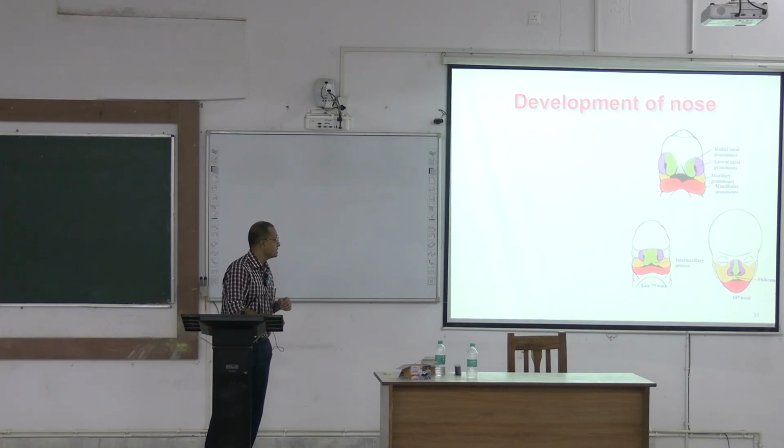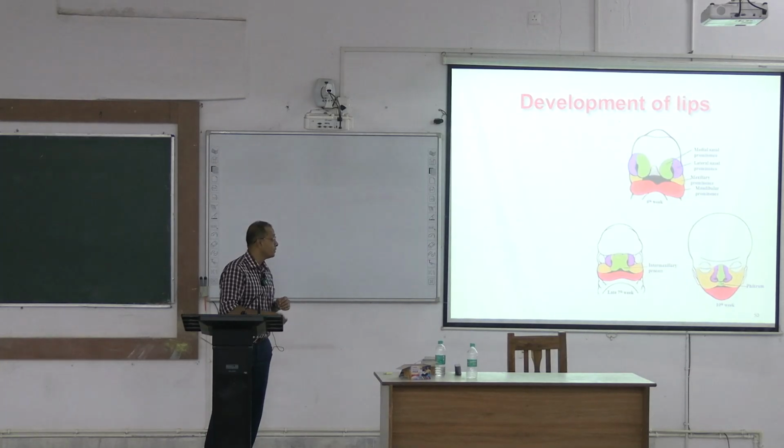So, coming back to the development of the lip, the upper lip develops from three sources. The green one meeting in the midline forms a segment we call the intermaxillary segment or intermaxillary process. The intermaxillary process yields several structures. It gives the lip formation the philtrum part.